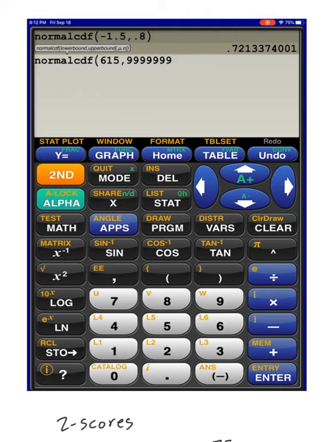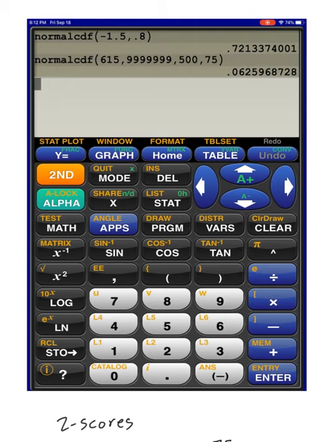Then it wants the mean and standard deviation. The mean is 500 apples, and our standard deviation is 75 apples per year. That gives me 0.06, so a 6% chance of getting that many apples or more.